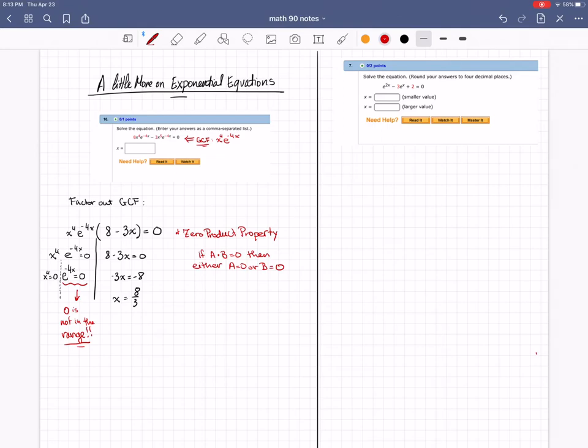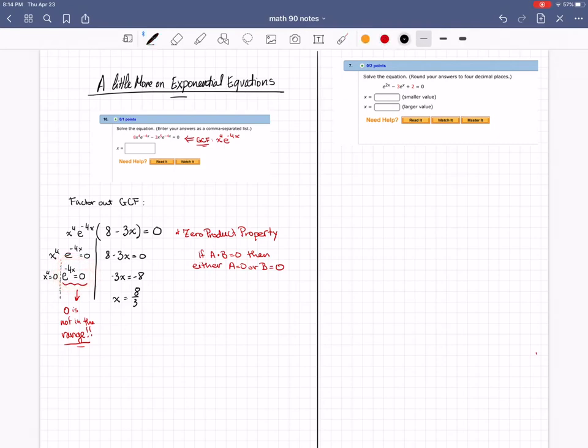So it is not possible to raise the number e to any power and end up with 0. The same would have been true with a negative number. You can't take any number, raise it to a power, and end up with a negative. So in fact, this piece, e to the power negative 4x equals 0, does not contribute a solution.